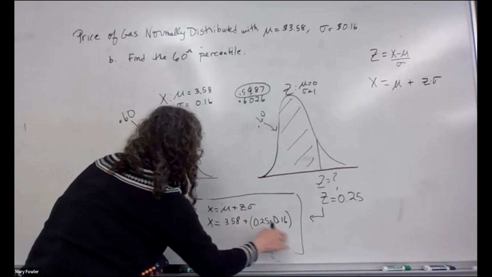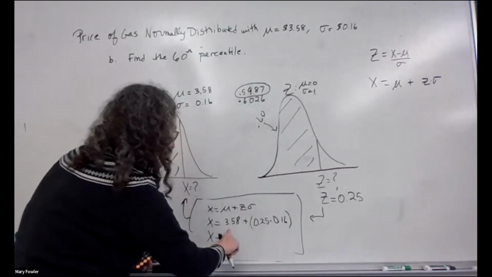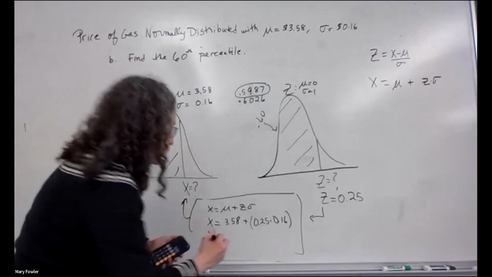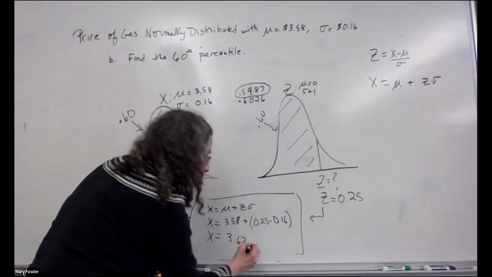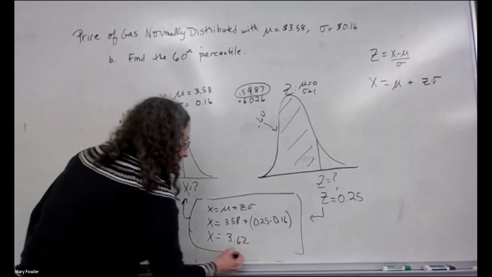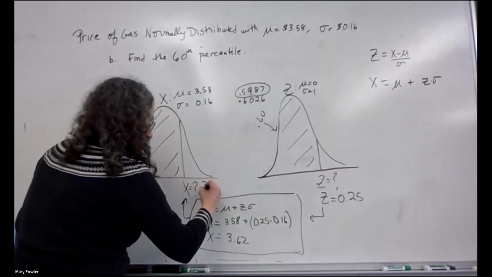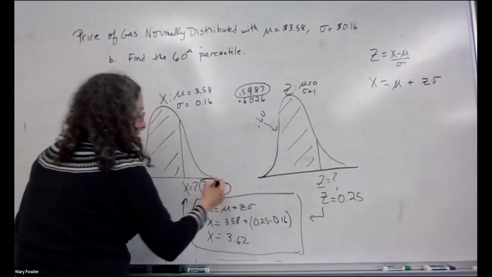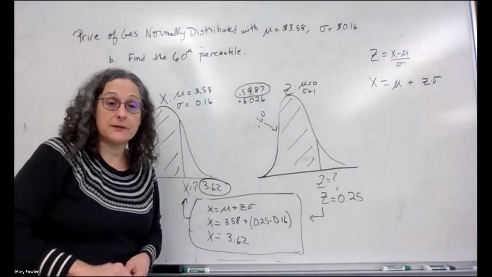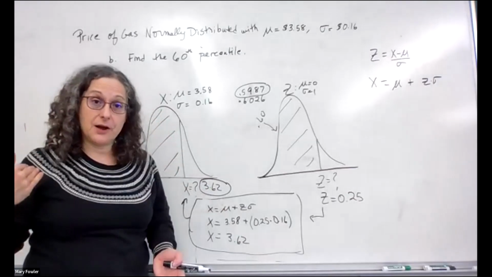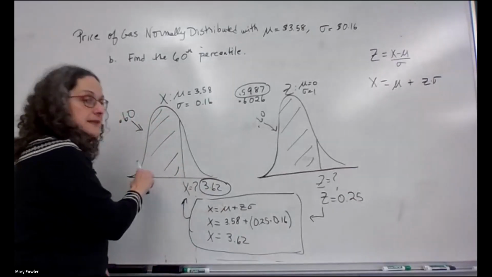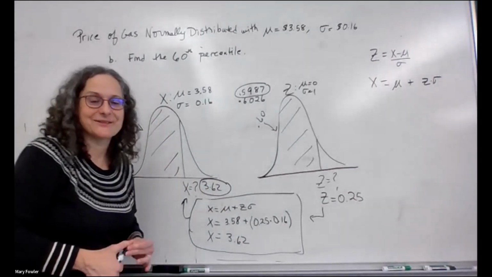That's my mean. Okay, and so then x is equal to $3.62. So what this means is $3.62 has the property that 60% of the gas stations have gas less than $3.62.